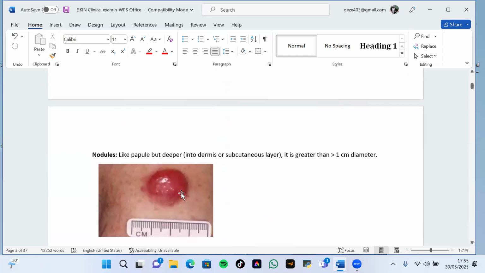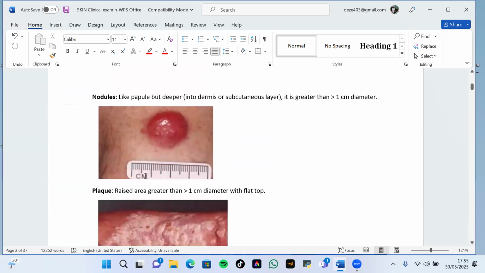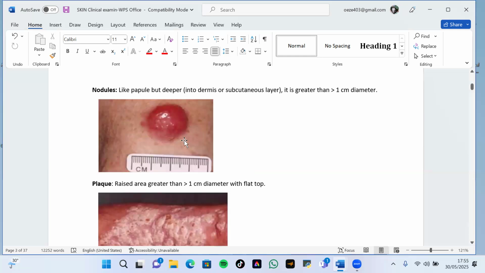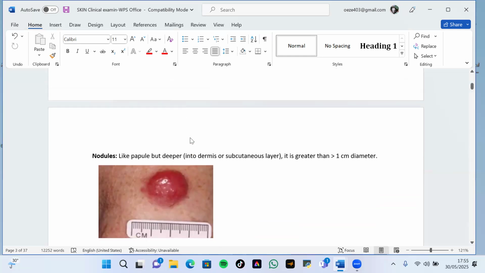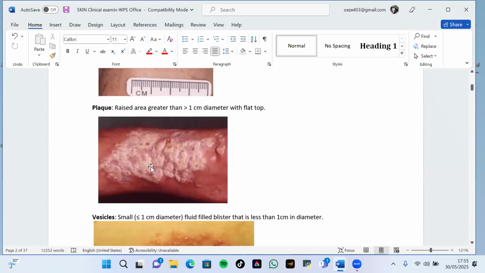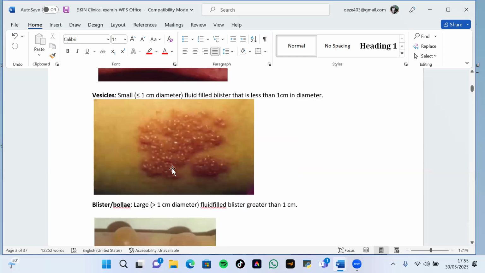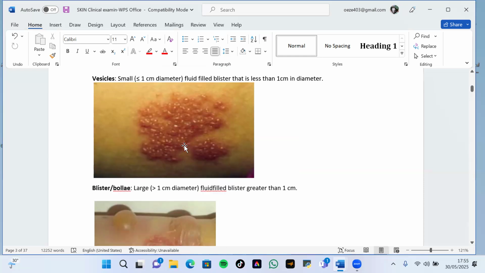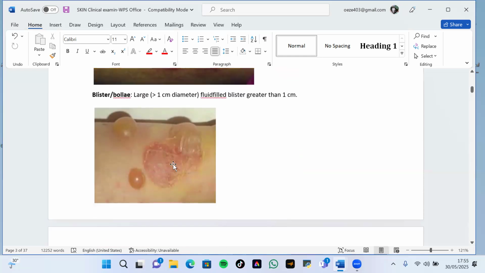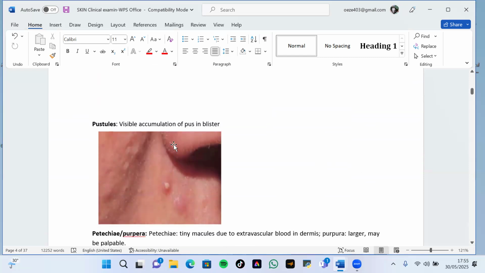So know the difference between nodule and papule: a nodule is greater than 1 cm, but when it's less than 1 cm, it is papule. Then a vesicle contains water and is less than 1 cm, but when it's greater than 1 cm, it's a blister.